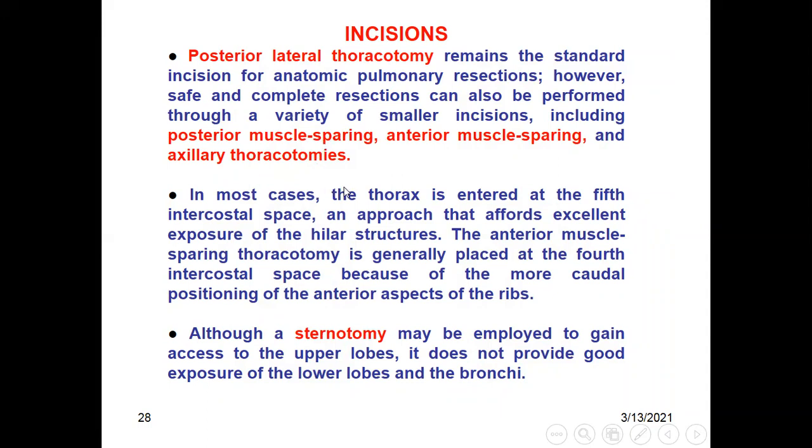In most cases, the thoracic cavity is entered through the fifth intercostal space, and this affords excellent exposure of the hilar structures. If an anterior muscle-sparing thoracotomy is performed, then the entry is through the fourth intercostal space. Median sternotomy is very infrequently used to do lung resection of the upper lobes, while for the lower lobes, the exposure is very difficult through a sternotomy.